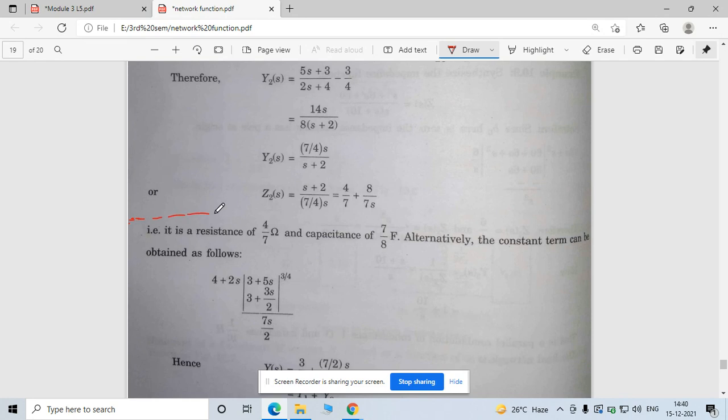So this is one method, and this is the second method.